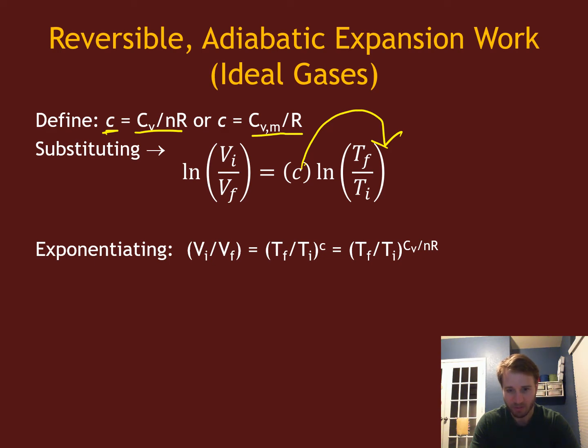So I can just exponentiate both sides, get rid of those natural logs, and you're left with this final expression that relates the volume change and the temperature change. So if I do an adiabatic expansion reversibly of an ideal gas, then I can calculate, given the change in volume, what the change in temperature is going to be equal to.